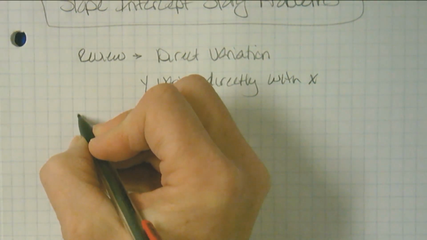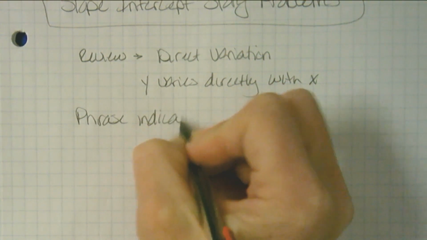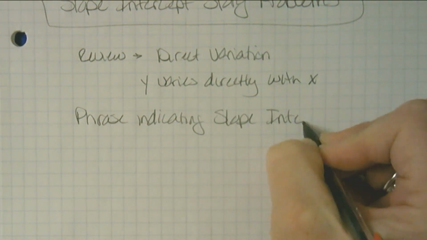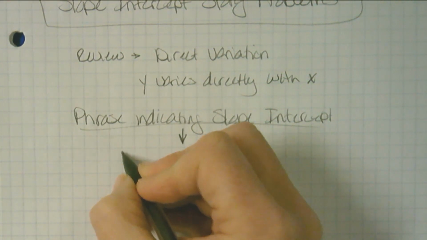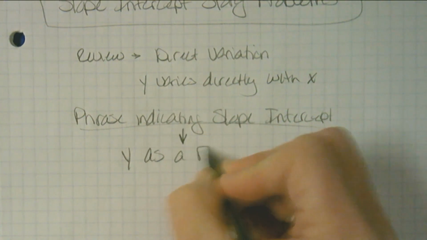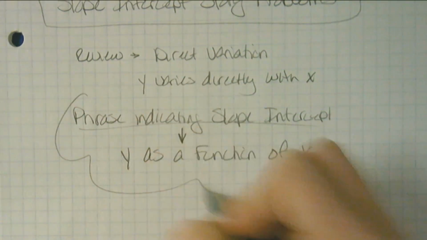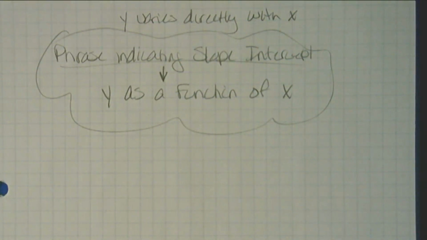All right. So our phrase indicating slope-intercept: Y as a function of x. That's the phrase you're looking for. Y as a function of x.